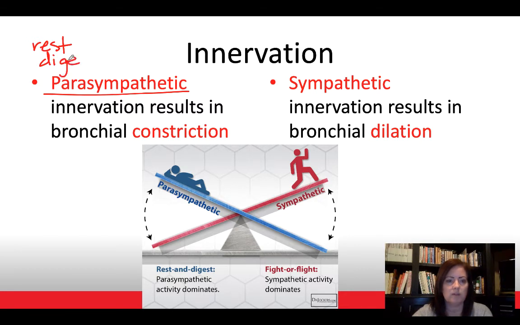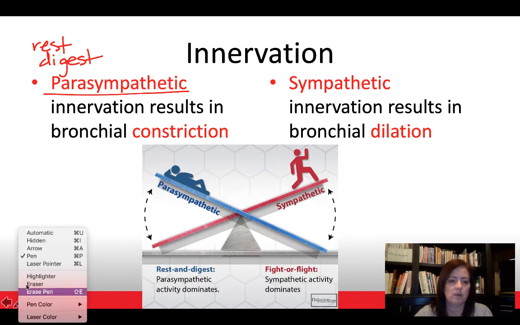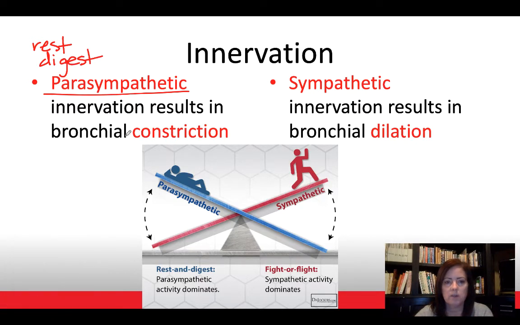How is our breathing? It's slow. We don't have much going on. So what we see in that case is we see bronchial constriction because there's not a lot of air movement that needs to happen.